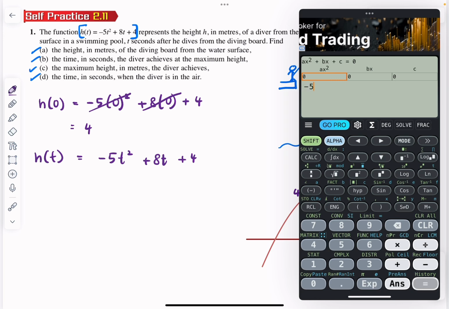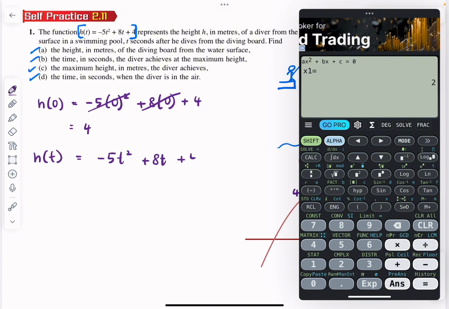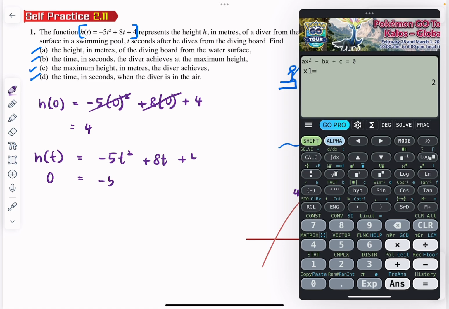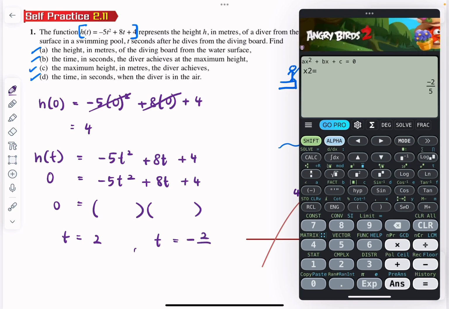A is -5, B is 8, C is 4. So when this is equal to 0, t equals 2 and t equals -2/5.